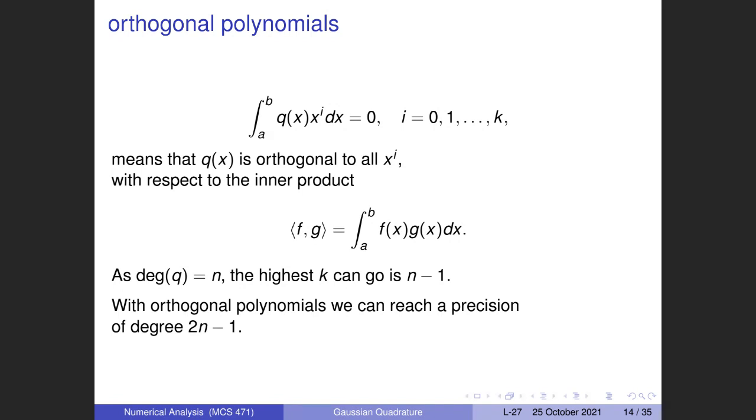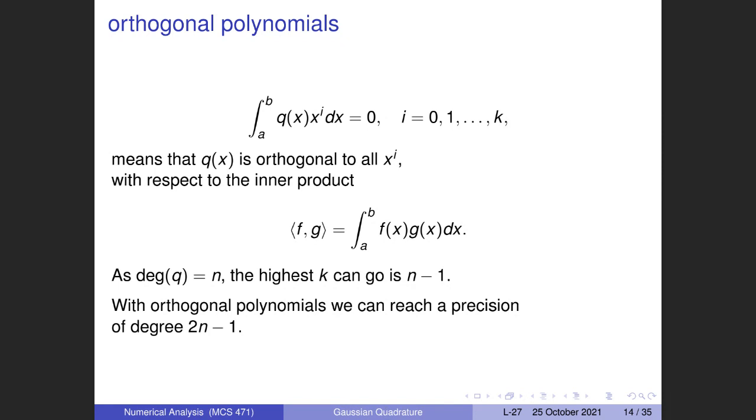So we can already integrate the first n basis functions, and the highest degree we can go is 2n minus 1. And that is actually the main point of this lecture.